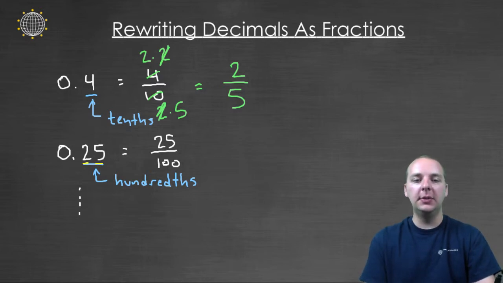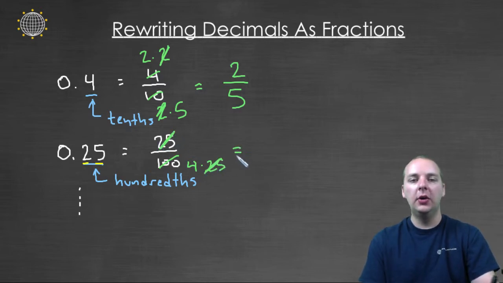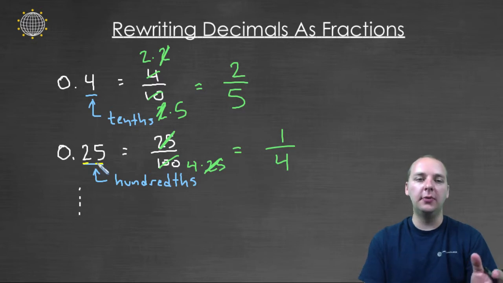And so this one can be simplified as well. 100 is 4 times 25, and so we can cancel a common factor of 25, which would leave us the ratio 1/4. So we know this intuitively. 25 cents is a quarter of a dollar. It's a fourth of a dollar. And so we can see in this example how we converted from a decimal into a fraction.